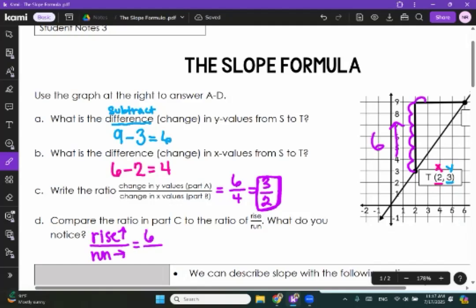And then we run 1, 2, 3, 4, positive. And we already know that 6 over 4 is going to give us 3 halves. So what happened? The ratios are the same.